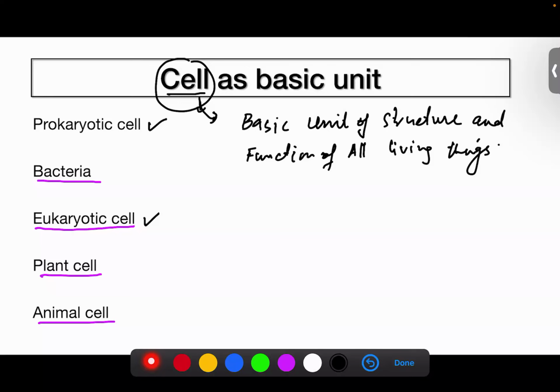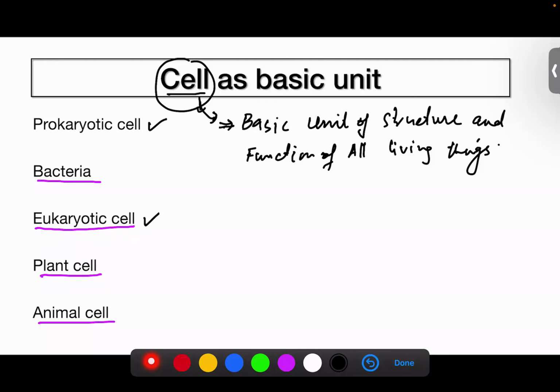Okay, so all living things are made up of cells except viruses. Viruses are only non-cellular. Otherwise, bacteria, plant cells, animal cells, fungi, algae, or any other kind of life, they are all made up of cells.